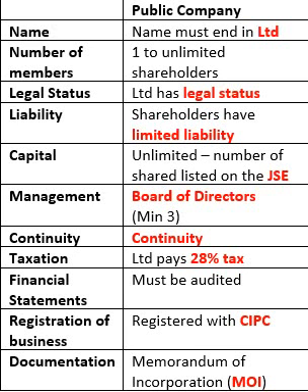So they must be audited, and they must also be available to the public to go and view. So often in the Sunday Times, you will see the financial statements of companies that are listed on the JSE. Again, a public company must register with CIPC, Companies Intellectual Properties Commission, and when they do this, they have to complete what we call a memorandum of incorporation.